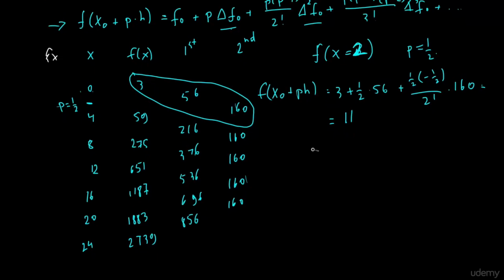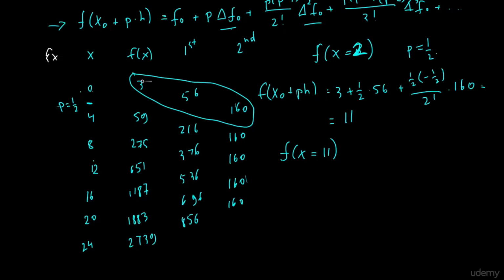Okay, so let's try something else. Let's try a value which is further down the line. Let's suppose we want to calculate the function at x being equal to 11, for example. So 11 is somewhere down here. It's not exactly in the middle, but it's close.